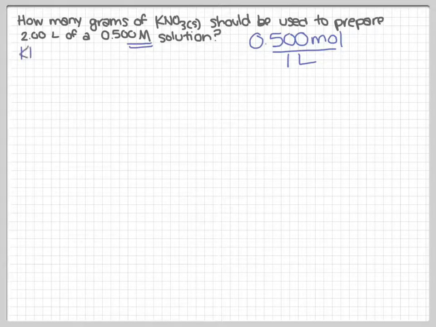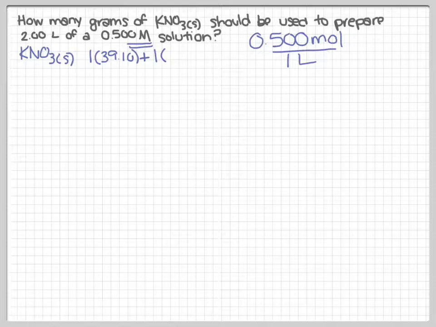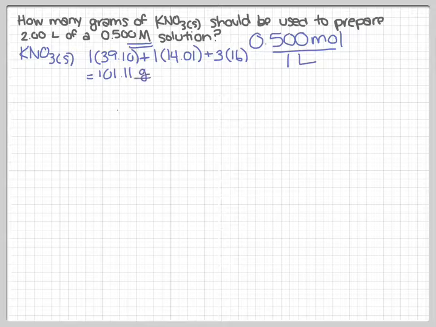For KNO3, potassium nitrate, I've got 1 potassium with a molar mass of 39.1, 1 nitrogen with a molar mass of 14.01, and 3 oxygens, each with a molar mass of 16. Plugging this into my calculator, I should get 101.11 grams per mole.